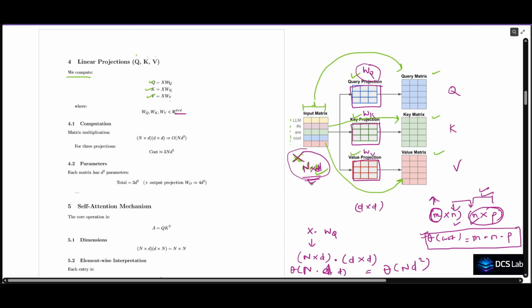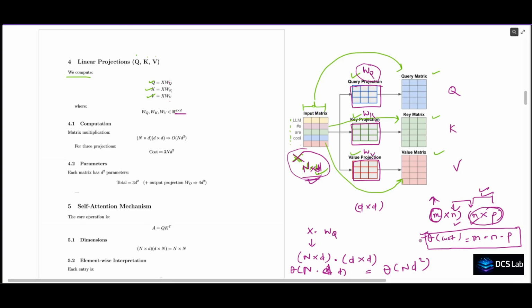Since the dimensions of WK and WV are also the same, the same cost is incurred for all three, so we have 3nd squared. That is the cost of multiplying to get Q, K, and V: Theta of 3nd squared.